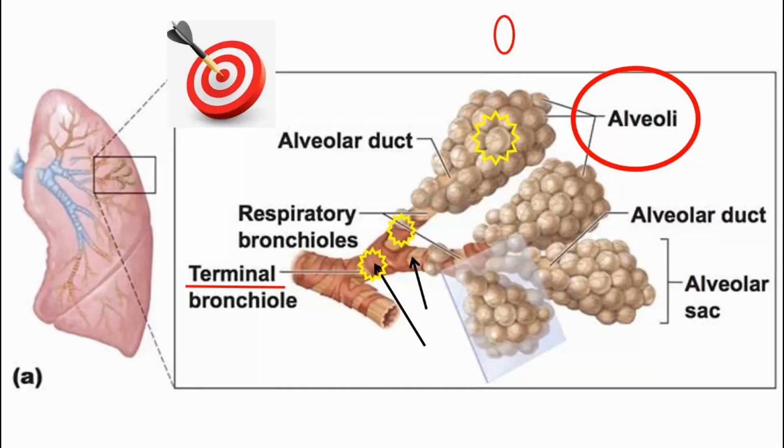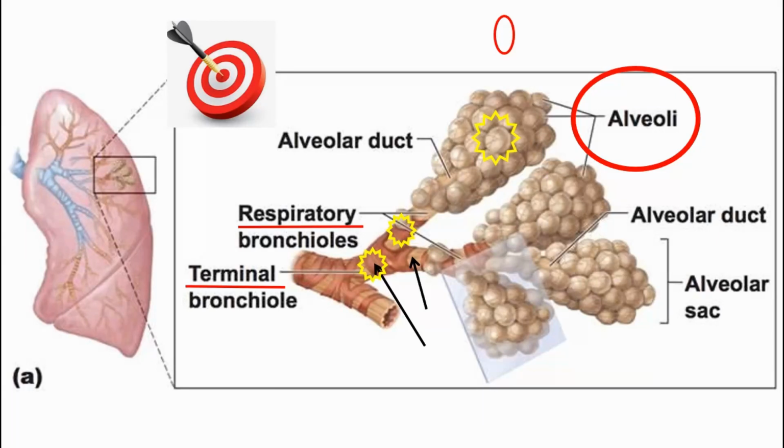The terminal bronchiole is a structure which is going to divide into what is called respiratory bronchiole, and this bronchiole, although it is a passage, alveoli are going to open into these bronchioles, and the gas exchange will start in this alveolus.